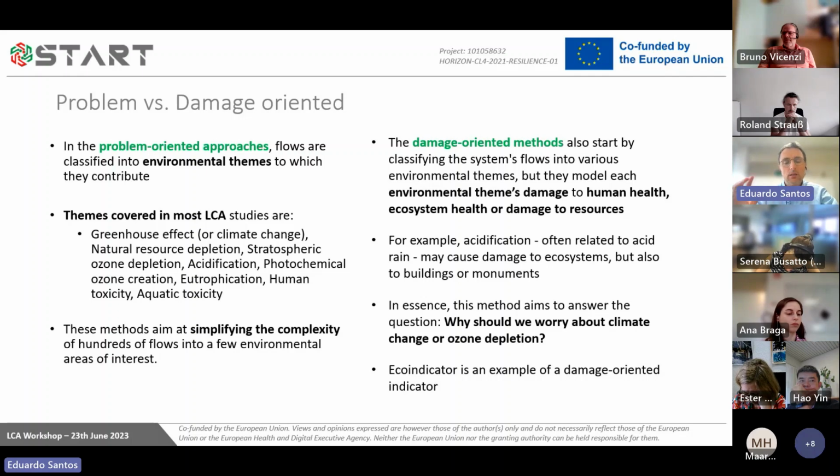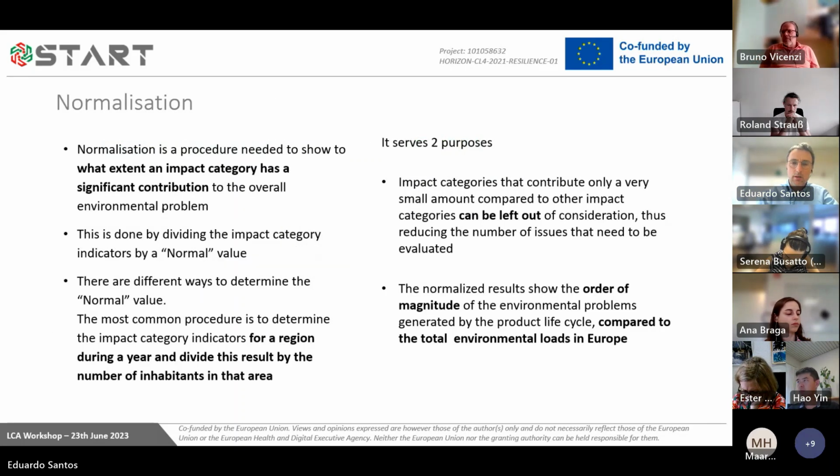And then on top of that, there are the indicators that are damage oriented, and those usually are more difficult to measure directly with equipment, but they can and should be addressed because it's what we as humans are worried about: our health, our ecosystem quality, and the availability of resources. So there is this dichotomy of midpoint and endpoint methods.